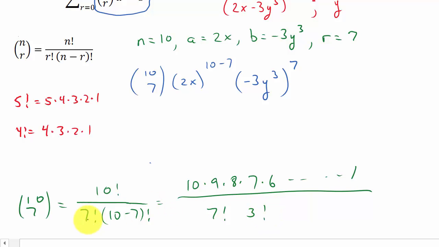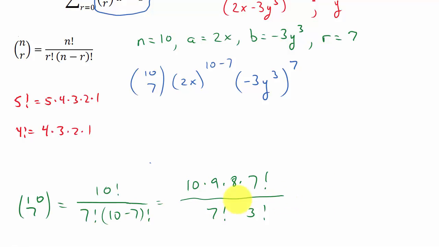And that's over 7 factorial times 3 factorial. Well, 7 times 6 times 5 times 4 times 3 times 2 times 1, what does that equal? Well, all that is 7 factorial. Okay, let me shorten this line up some. That's just 7 factorial, right? And so why did I write it like that? Because the 7 factorials cancel.